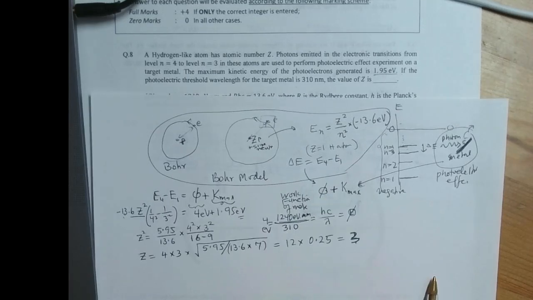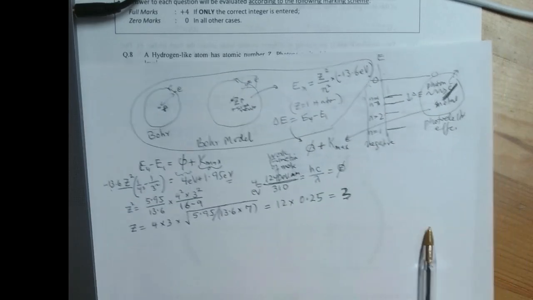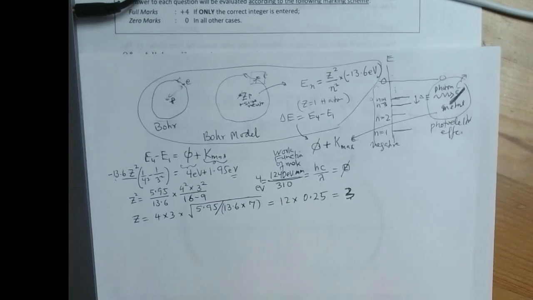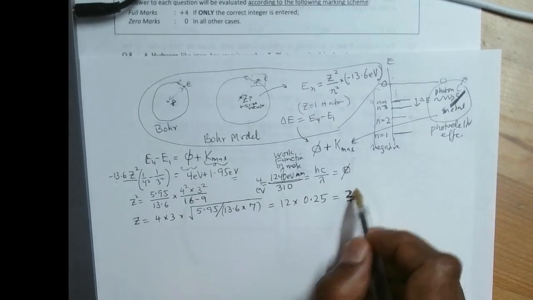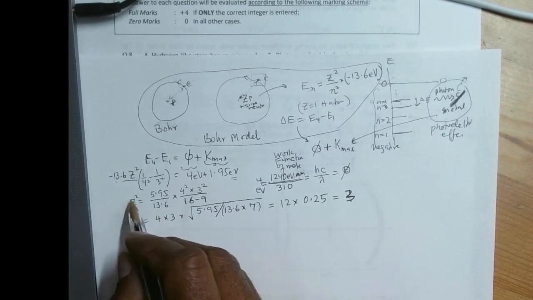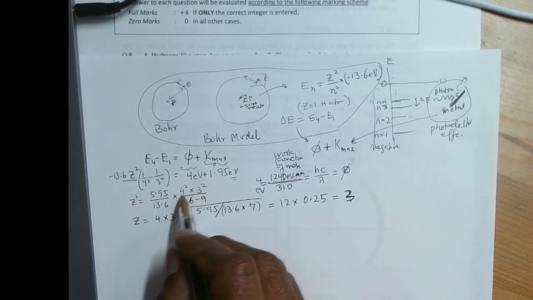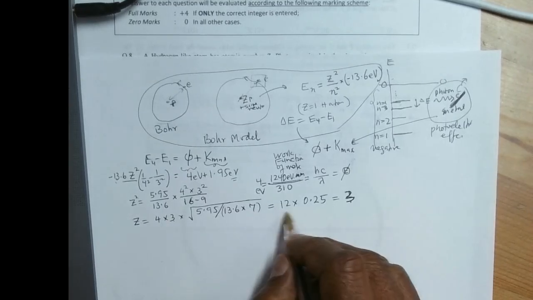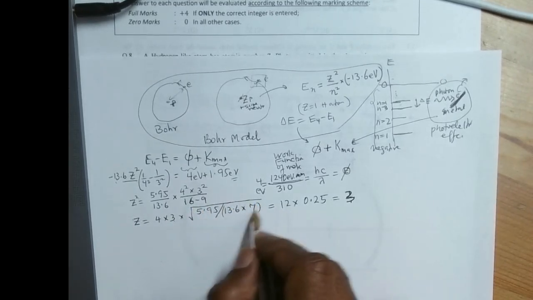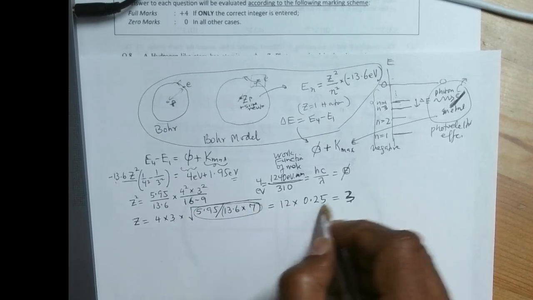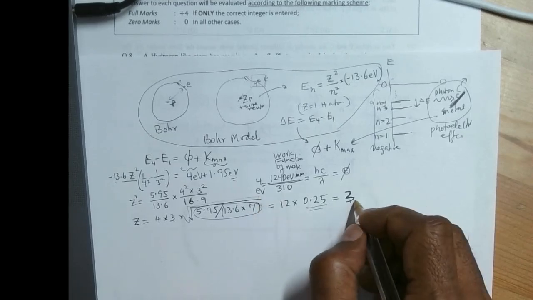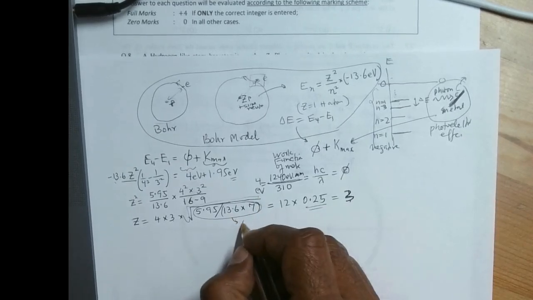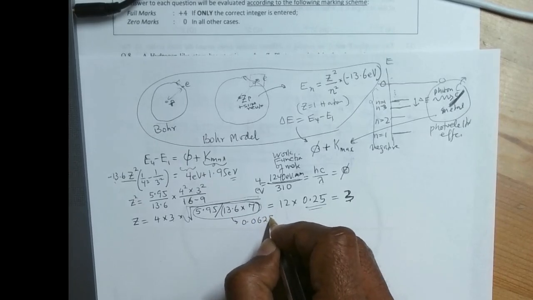So I worked out the numerical values from this, and I got Z equals 3. I just took a square root, and this nasty looking thing just becomes 0.25 after taking a square root, and then this whole thing is 0.0625.